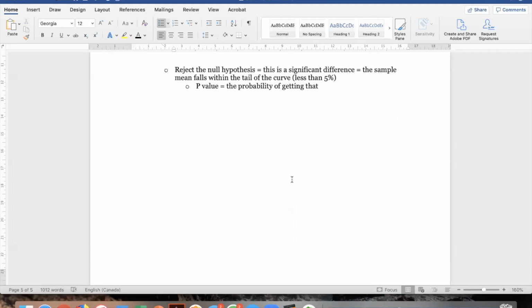So if you reject the null hypothesis, this means that your sample mean, so you've done this test on whether or not this medication works for diabetes. Say this magical new medication doesn't work. Well, in all of the other hundreds of tests that have been done measuring diabetic success, you've got all those means.